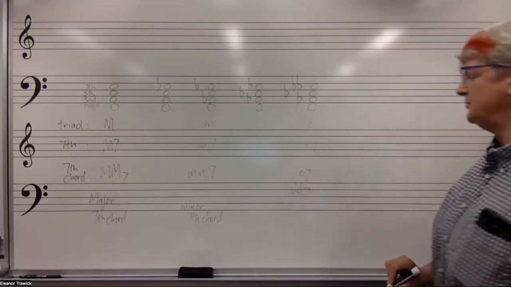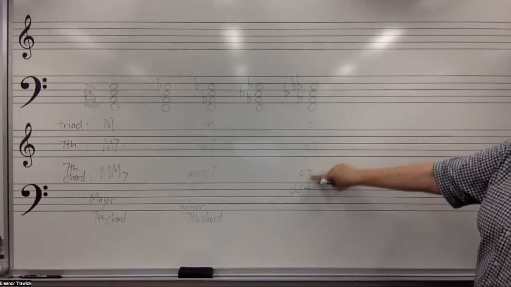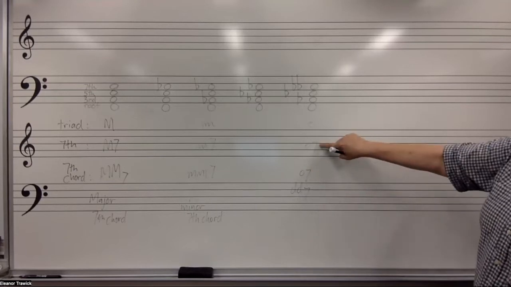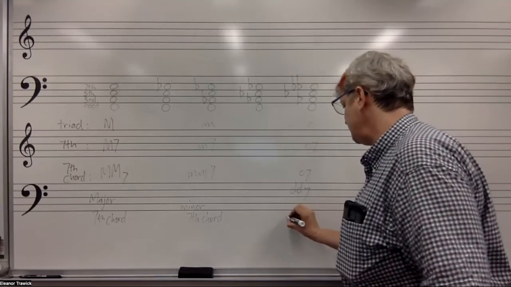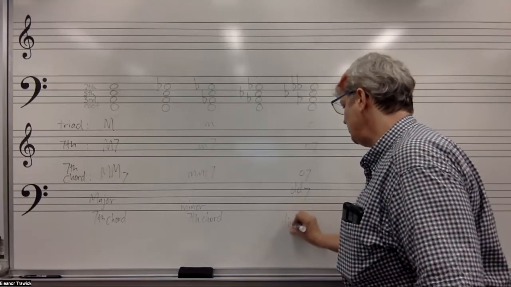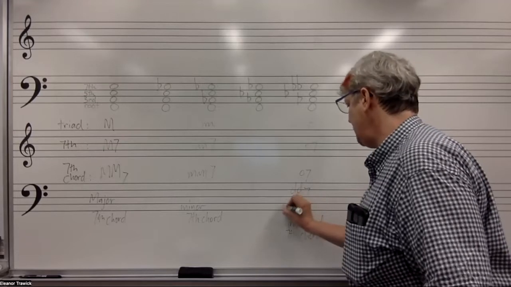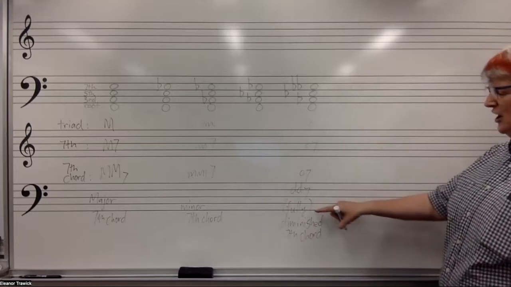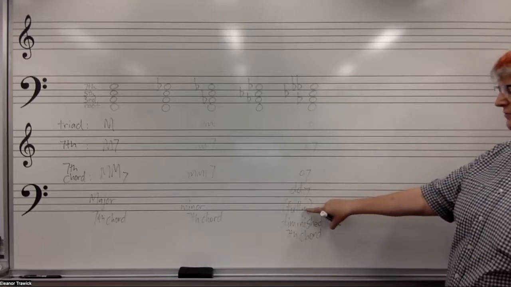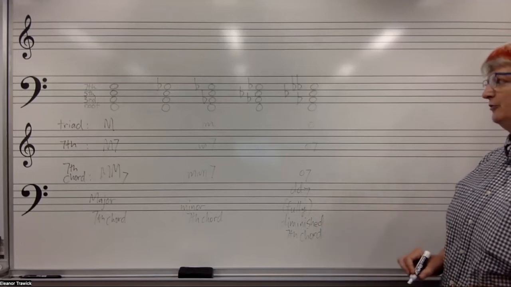That's not the symbol that your book uses. Your book shows the seventh chord quality the same way that it would show the quality of the interval of a seventh. We could call this either a diminished seventh chord, or some people call it a fully diminished, because there's also a thing called a half diminished. But the fully doesn't really do anything for us. Just calling it a diminished seventh chord is good enough.